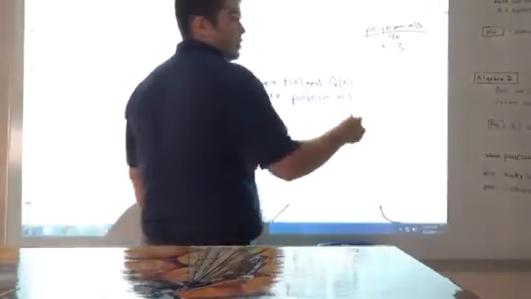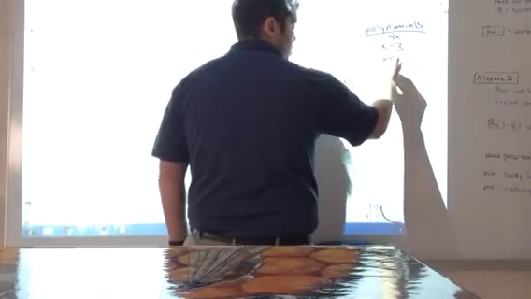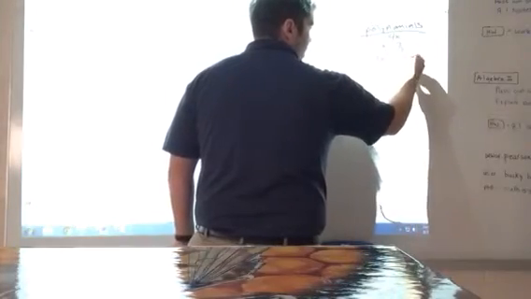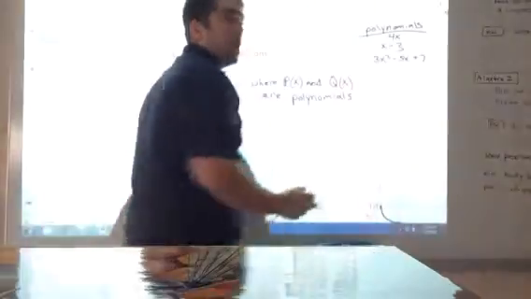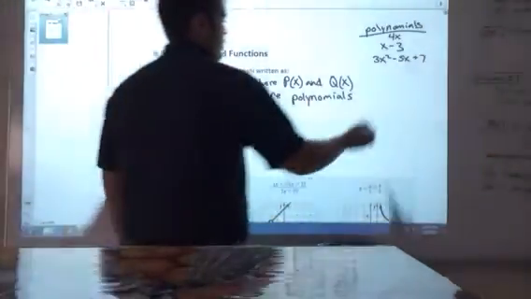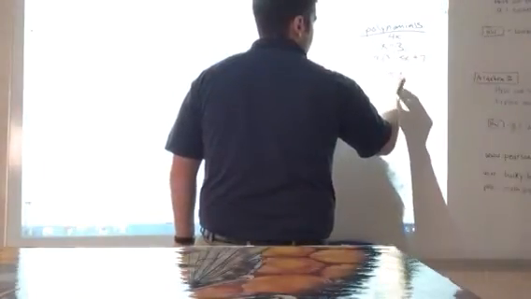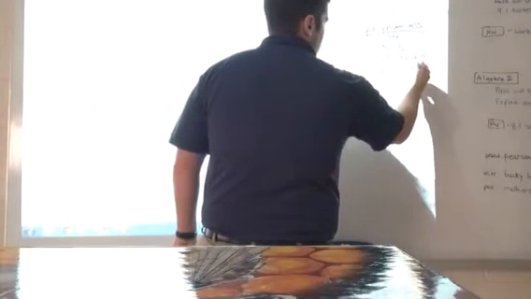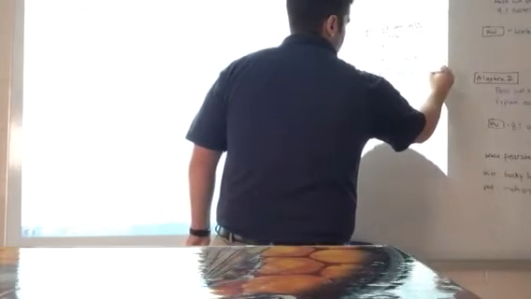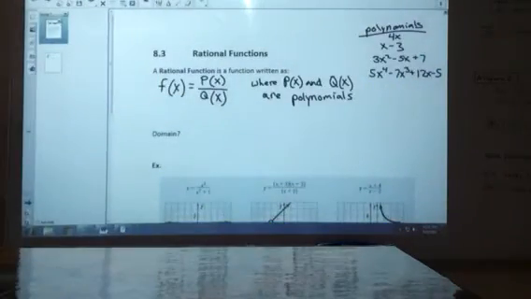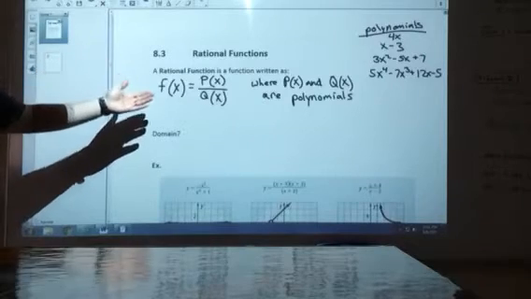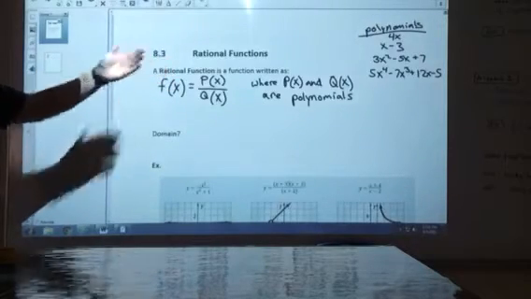You could have different degrees, so like 3x squared minus 5x plus 7. This is a trinomial with degree 2. We can go on from there, right? 5x to the 4th minus 7x cubed plus 12x minus 5, and so on and so forth. So those are polynomials. And so what this means is for a rational function, it's basically one polynomial divided by another.